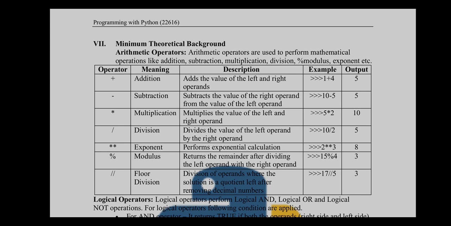But when you do floor division, it directly shows you the floor number of that result, that is 3. It is not going to show you 3.4, it directly shows you the result 3.